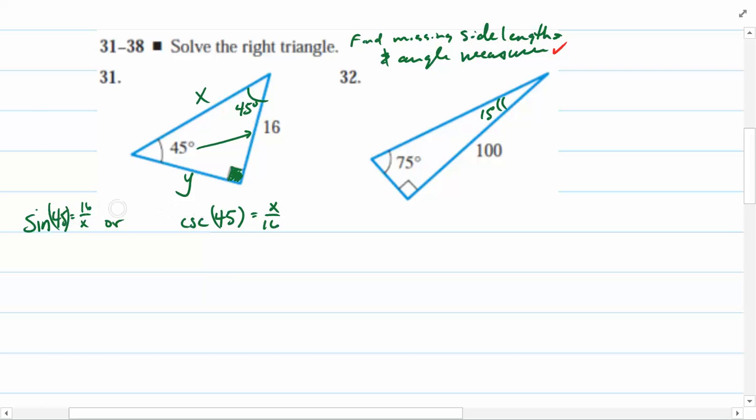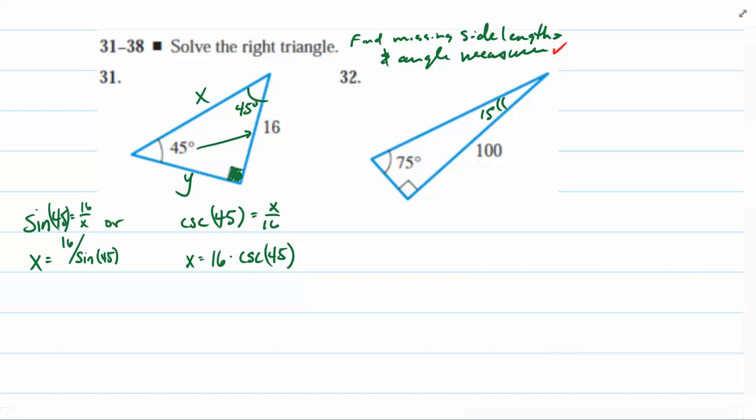Now it really makes no difference which one you use, the end result would be exactly the same. However, the algebra used to get there might look a little bit different. For example, solving for x using sine requires us to put the sine of 45 beneath 16 in a fraction, whereas when using cosecant, that would be 16 times cosecant of 45 degrees.